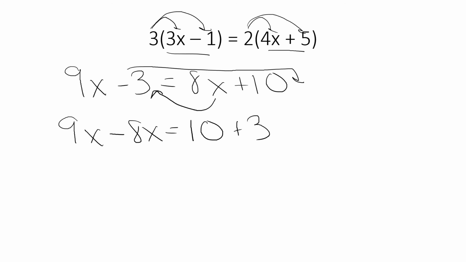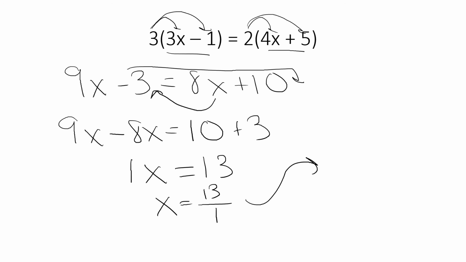Now I do like terms. 9x minus 8x is 1x. I know you don't have to write the 1, but I went ahead and wrote it there so my brain can see it. And then technically my last step is to divide, and most of us would not need to write that out, but I know some of your brains will want to see that. So x is simply 13.